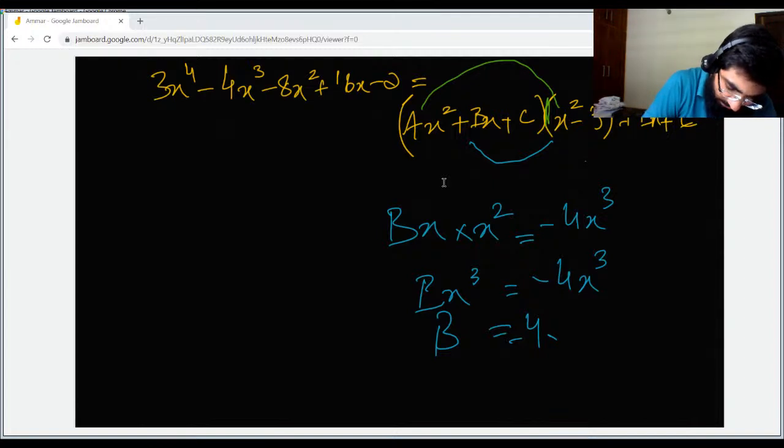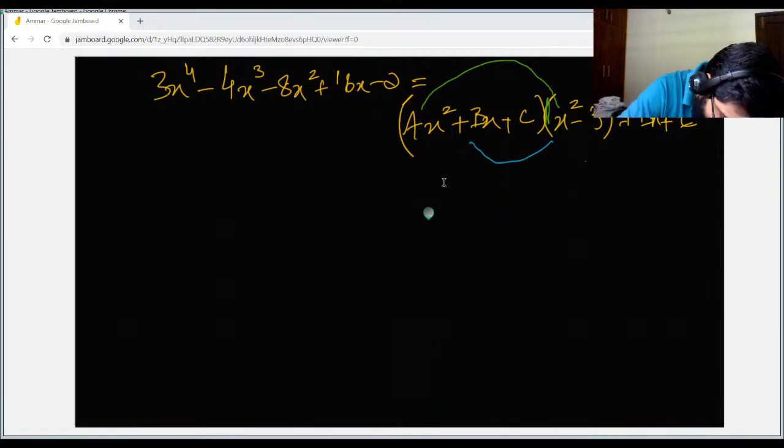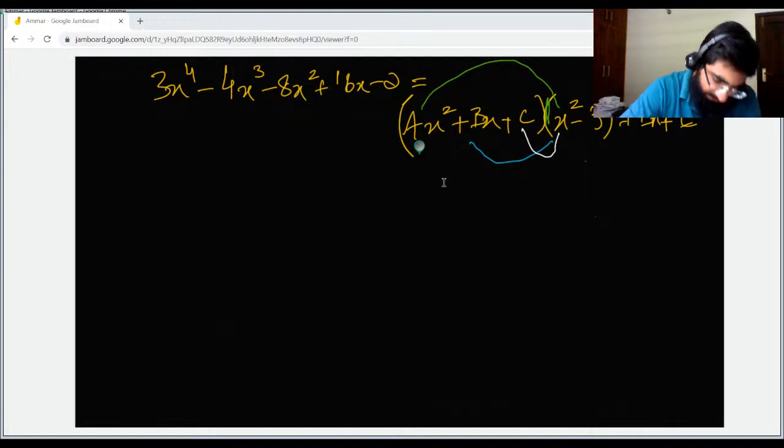Next one is not exactly tricky, but let's see. c with x squared, and the other x squared term will be if I multiply this ax squared with minus 3.